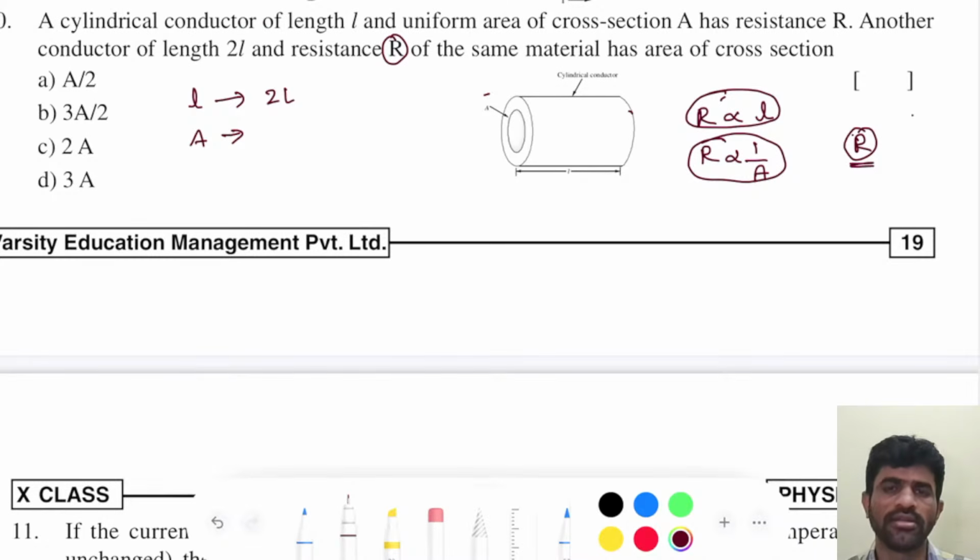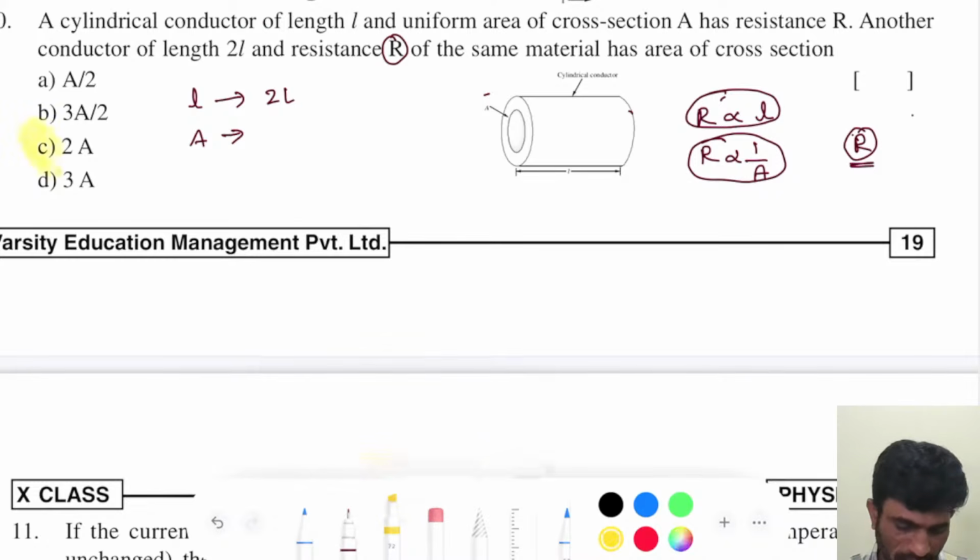When you increase the length, you should also increase the area so that there is no change in the resistance. Remember this: if you want resistance to be maintained the same and the dimensions are changed, then when you increase length, area also you have to increase. If you increase area, length also you have to increase. If you decrease one quantity, the other also you have to decrease. So 2A is correct.